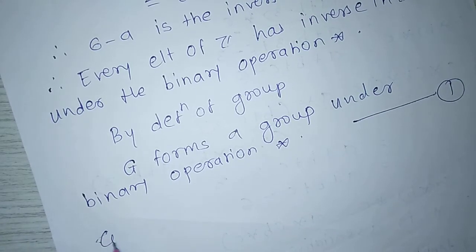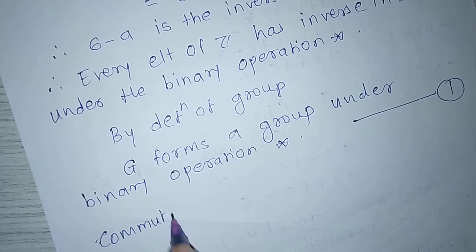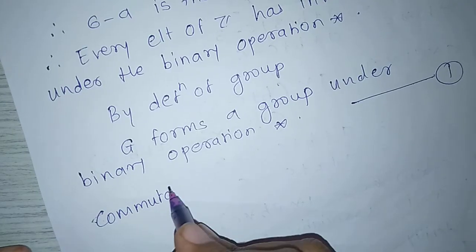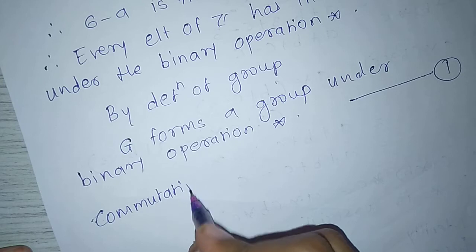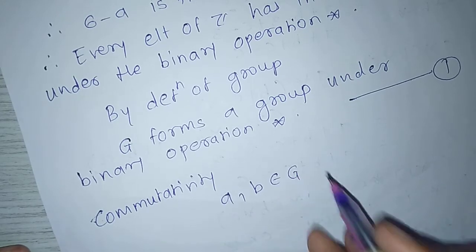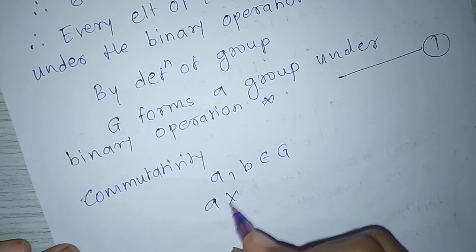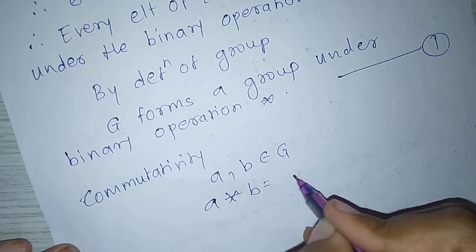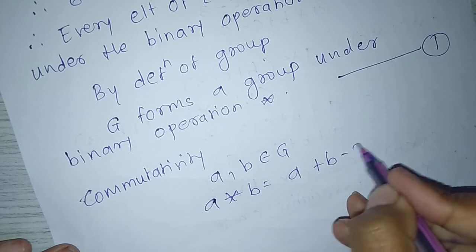Now check commutativity for the abelian group. Take two elements of G, A, B belong to G, such that A star B equals, by definition, A plus B minus 3.